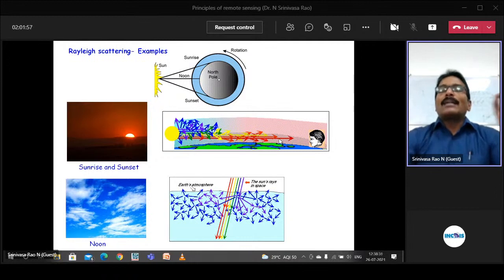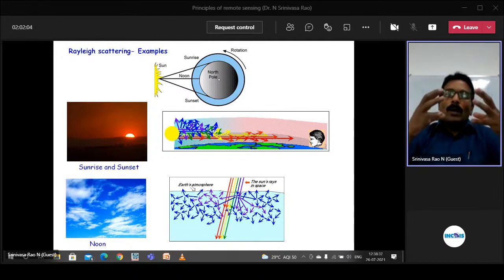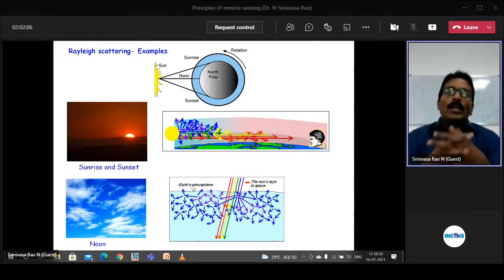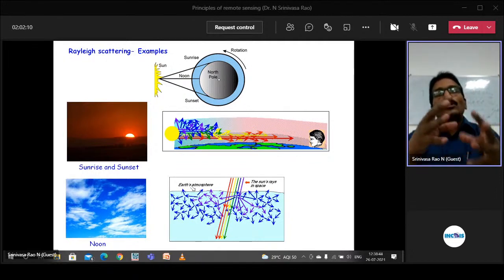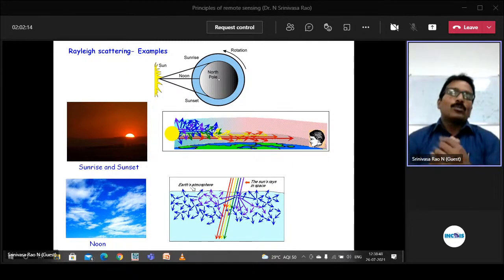Only red light, having a longer wavelength, can travel long distances. That's why only red light reaches our eye during sunrise and sunset. The remaining lights don't reach our eye because the distance is more.